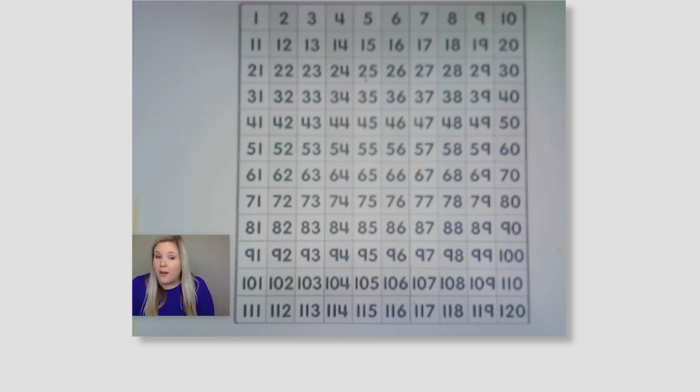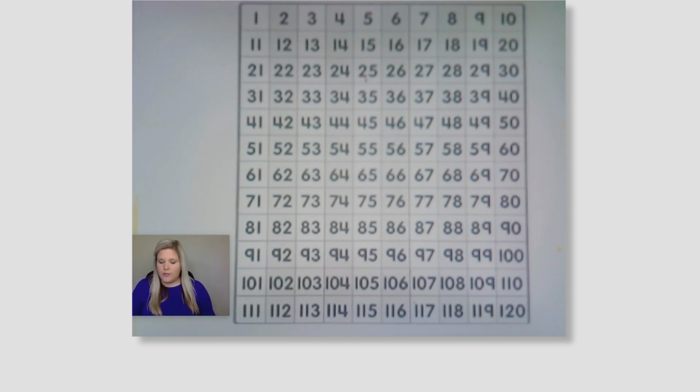Some of you might already know what that means. So, tell me, what's a pattern? That is right. A pattern is something that repeats itself or changes in predictable or easy to guess ways.